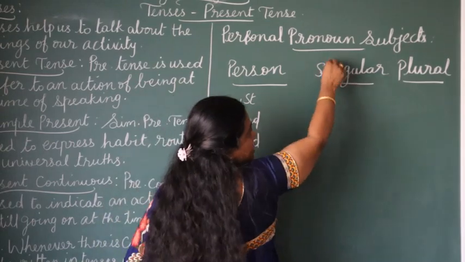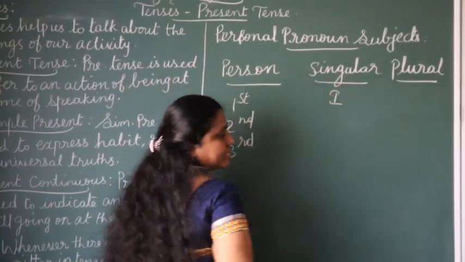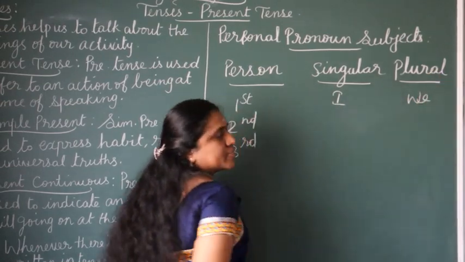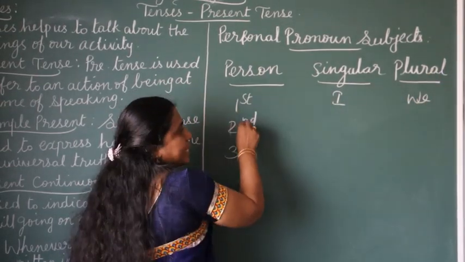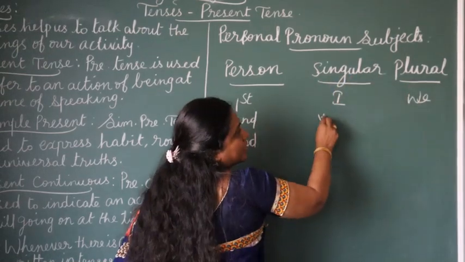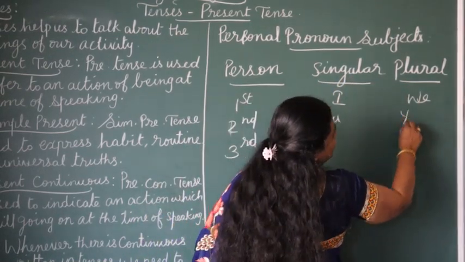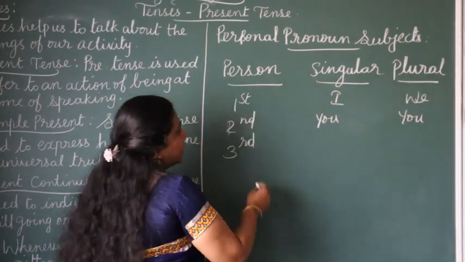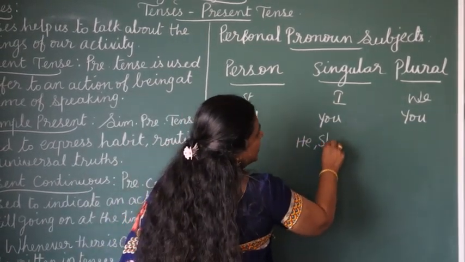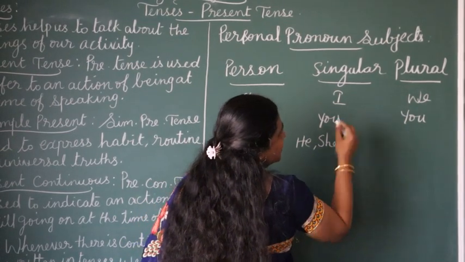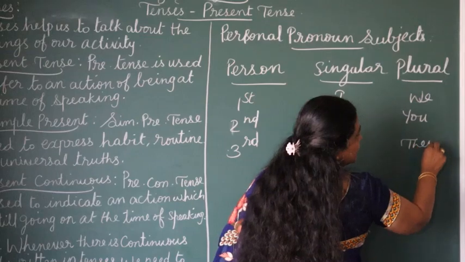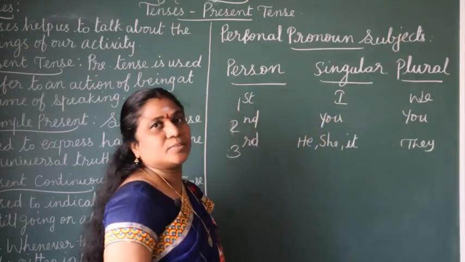In first person singular, I is the subject, and in first person plural, we is the subject. Next, second person, both the singular and plural subject is you. In third person, he, she, it are the singular subjects and they is the plural subject.